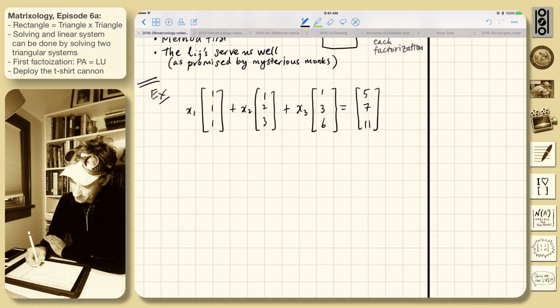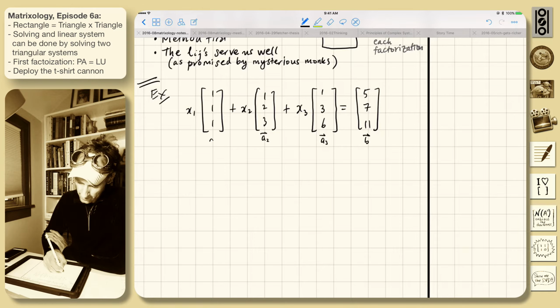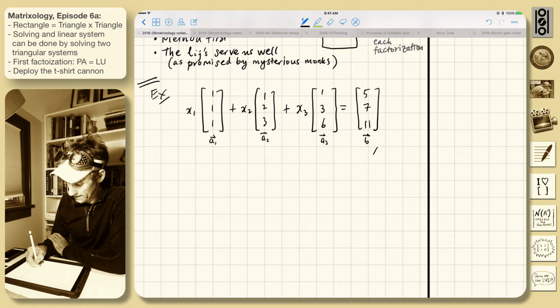So this is our b, this is a3, a2, a1. This is a 3x3 system. It's really Ax equals b, and we have a 3x3, a 3x1, and a 3x1.